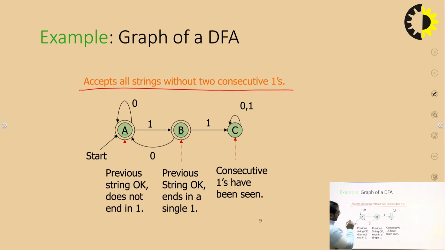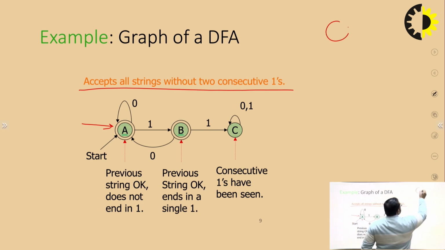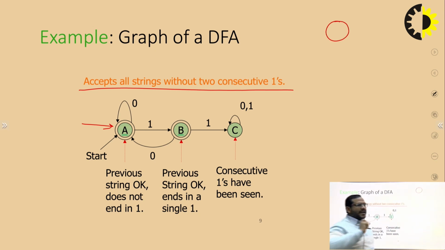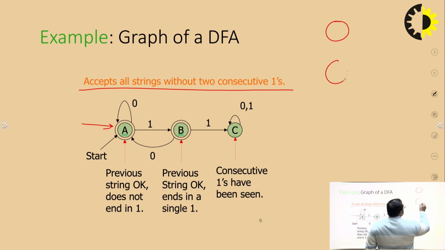Here one thing is missing, that is the arrow. A state is represented by a circle, and you can see there are 2 double circles here. The double circles represent the final states.